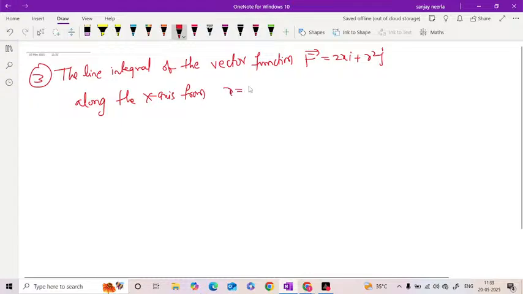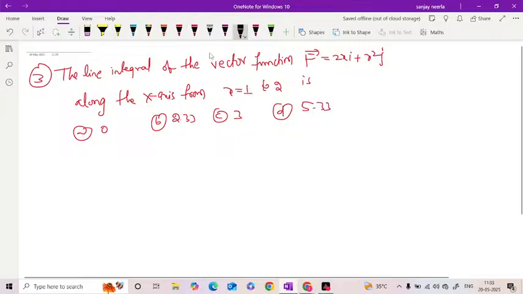Along the x-axis, x values from 1 to 2. Option A, option B 2.33 and option C 3 and option D 5.33. This is the third problem.